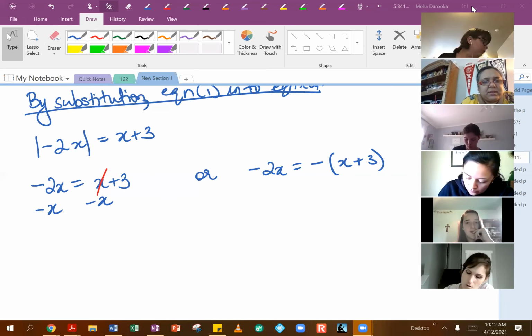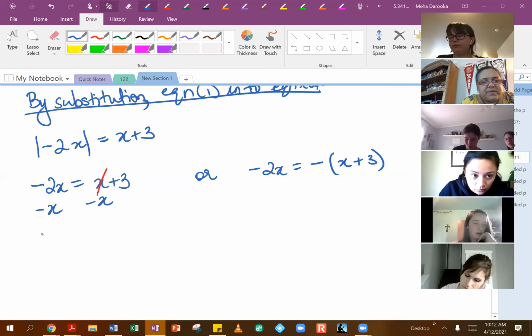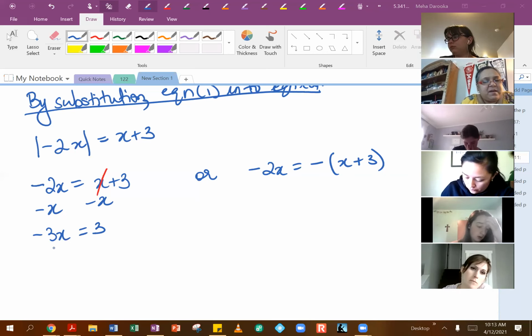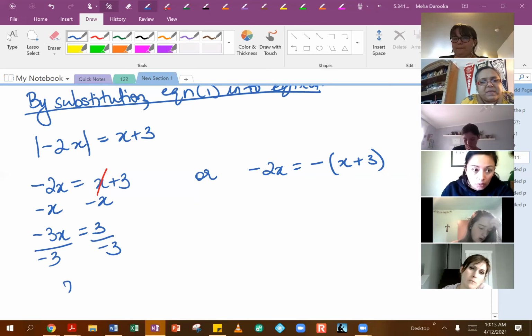Negative 1, alrighty. So when we add our x values together, that ends up giving us negative 3x equals 3. Very nice. So when we divide both sides by negative 3, x equals negative 1.